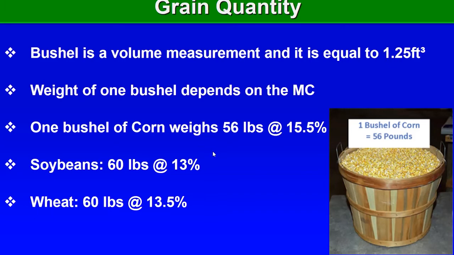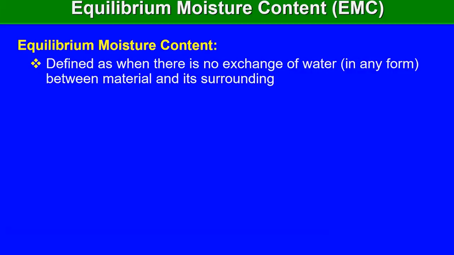We have to reduce the moisture to a lower level compared to harvest time, to be able to store it for a longer time, and then when the time comes, you can sell it. If you don't do that, maybe you will have lots of loss due to storage problems. So we have this topic, equilibrium moisture content.